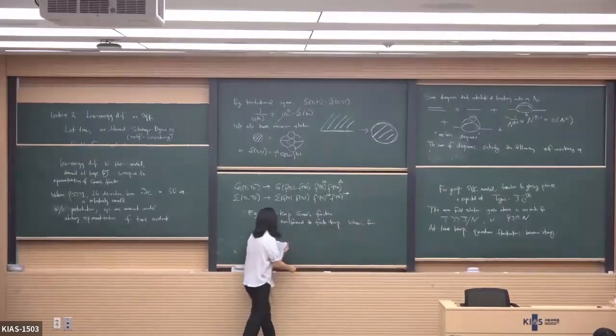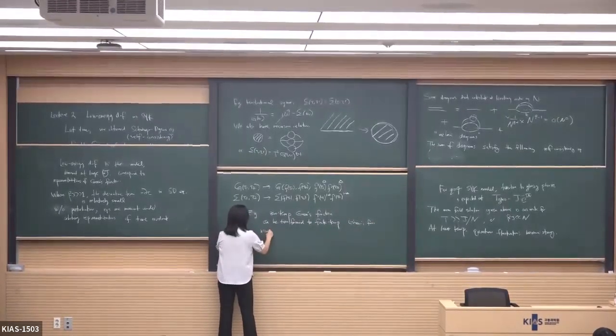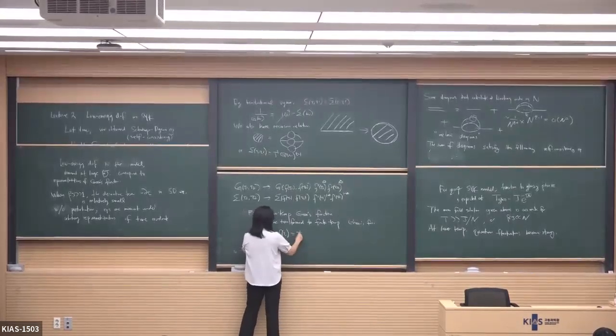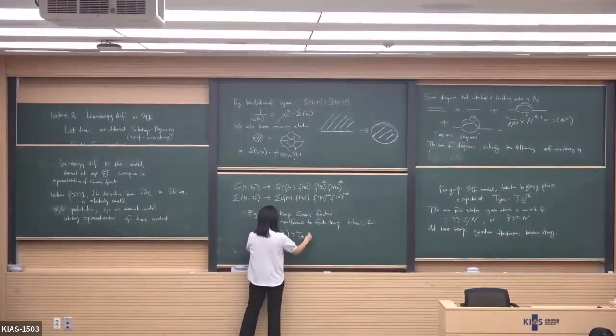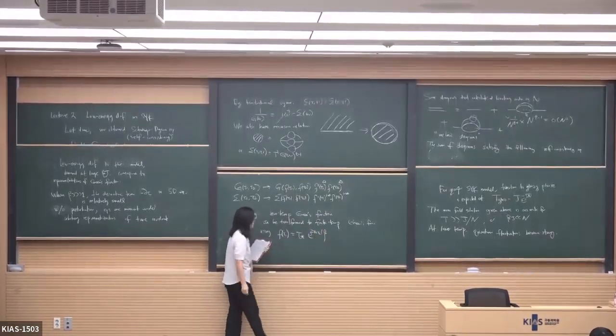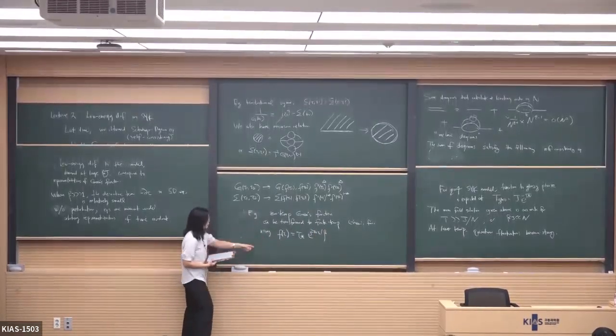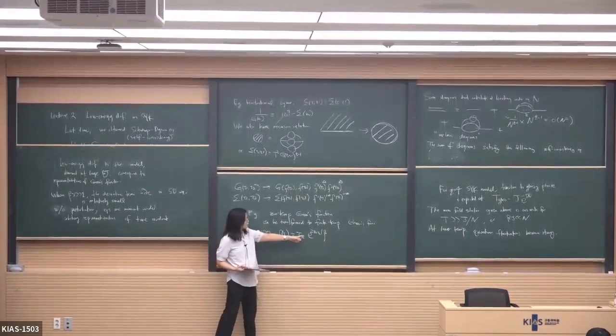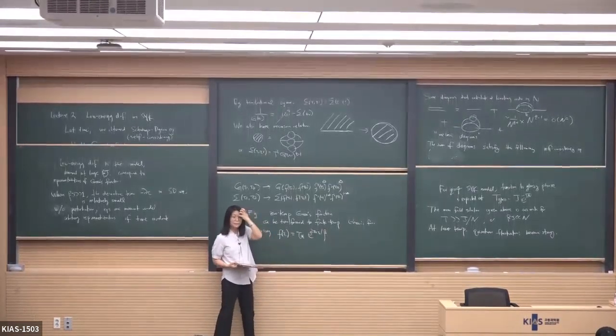Using f of tau proportional to e to the 2 pi i tau over beta. Okay. Right, so if you look at this map, it takes the real line to the circle.